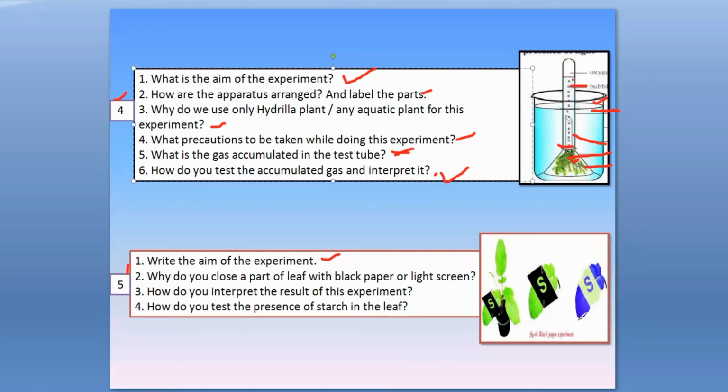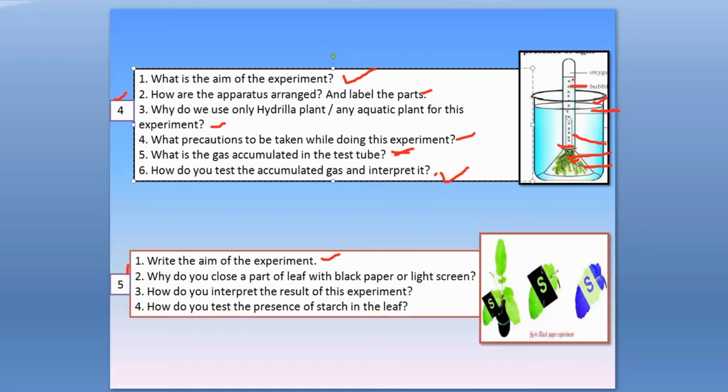We use a designed black paper so that the covered part does not receive light. We are testing the light-receiving part and the light-not-receiving part, to know the important point: whether light is essential during photosynthesis or not.